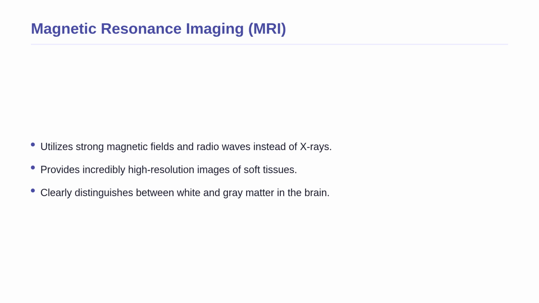This provides incredibly high-resolution images of soft tissues, allowing us to clearly distinguish between white and gray matter in the brain. For chronic conditions like Parkinson's or Alzheimer's disease, MRI scans allow physicians to track the physical shrinking of specific brain regions over time with unparalleled detail.